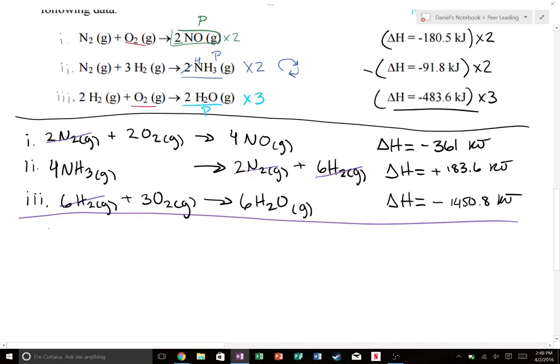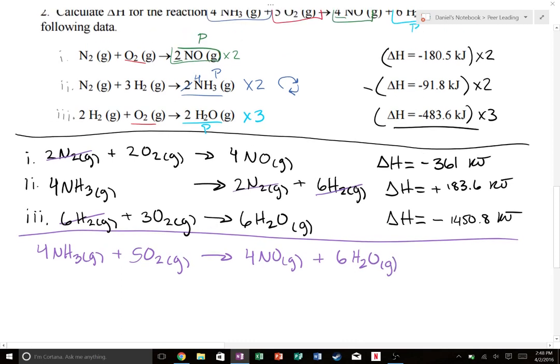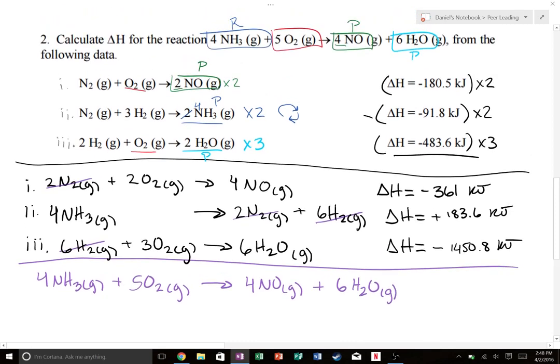And we actually have 4 NH3 gas, plus 3 plus 2 makes 5 oxygen gases, and that's going to react to form 4 nitrogen monoxide gases and 6 H2O gas. Right? So just to make sure we did this correctly, let's compare this to our King reaction. And we notice that we have the exact same 4 ammonias right here. We have the exact same 5 oxygens, 4 nitrogen monoxides, and 6 H2O gases. Right? So we know that we did this correctly.